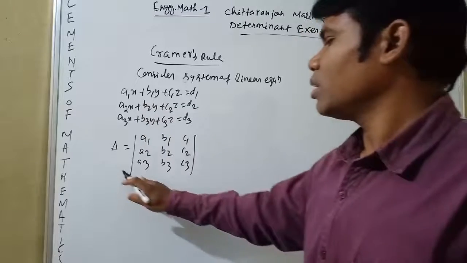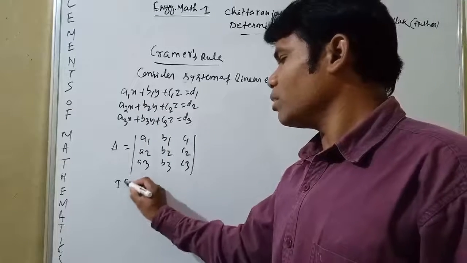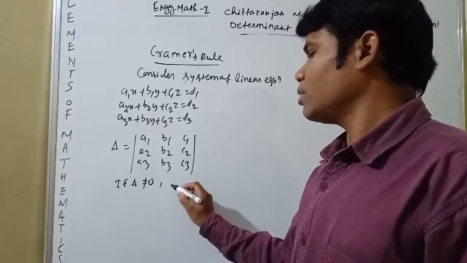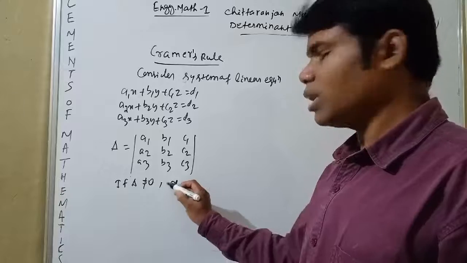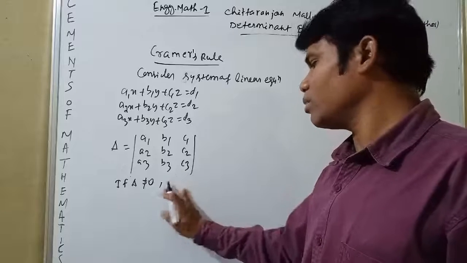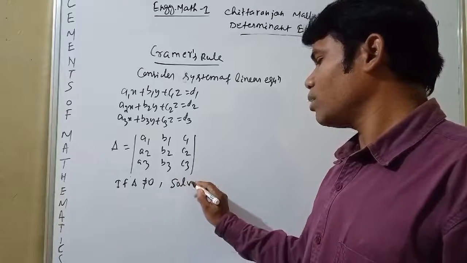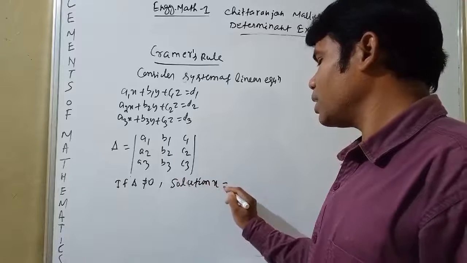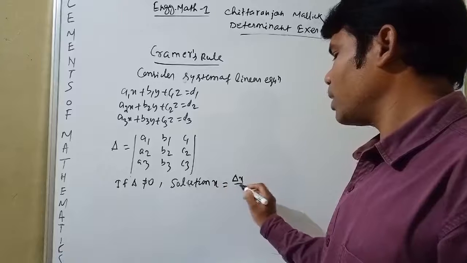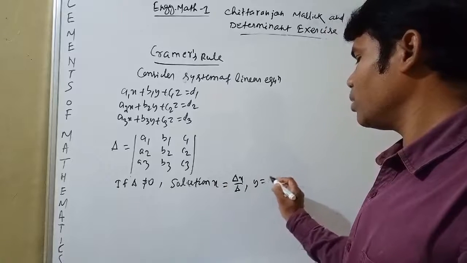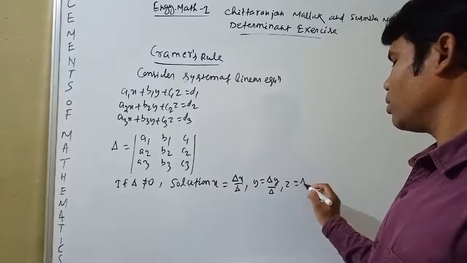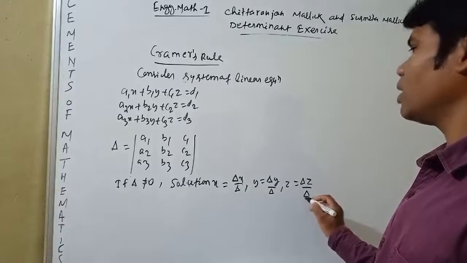If del is not equal to 0, the solution is x is equal to del x by del, y is equal to del y by del, z is equal to del z by del.